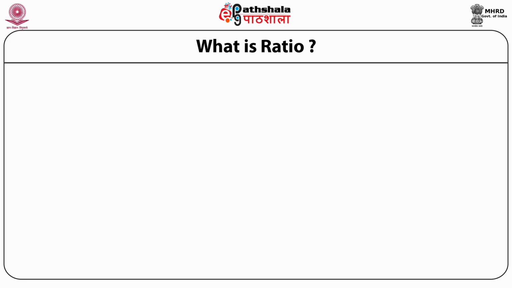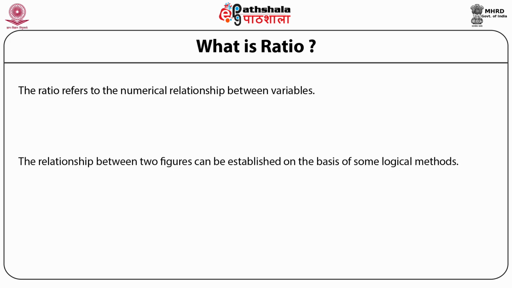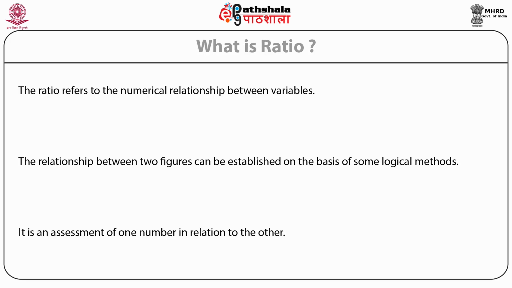What is a ratio? First, the ratio refers to the numerical relationship between variables. Second, the relationship between two figures can be established on the basis of some logical methods. Next, it is an assessment of one number in relation to the other.